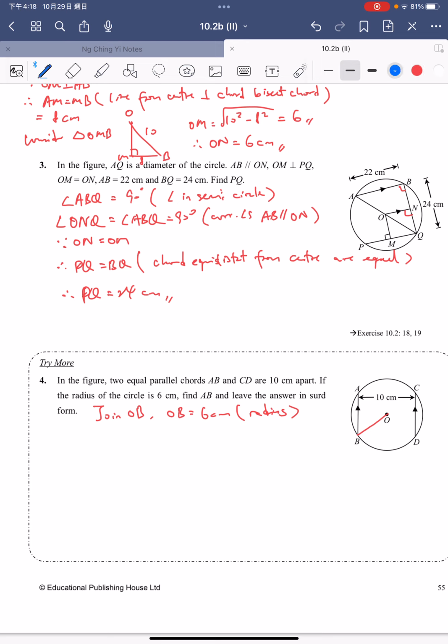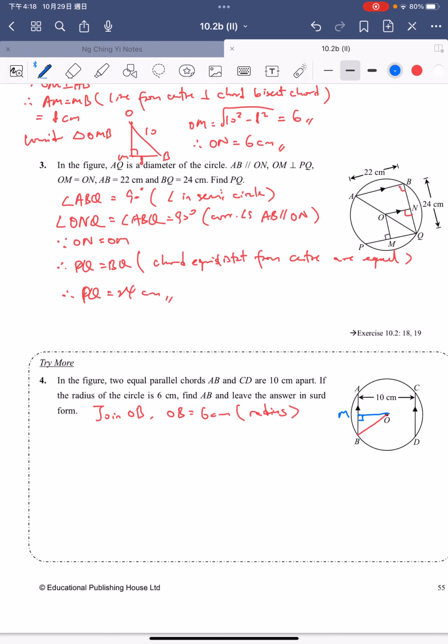For example, we draw a line from the midpoint, from M to O. We let this be M, and we say that it is the foot of perpendicular. Foot of perpendicular means that we extend a line from the center to the chord AB, so that AB is perpendicular to OM.